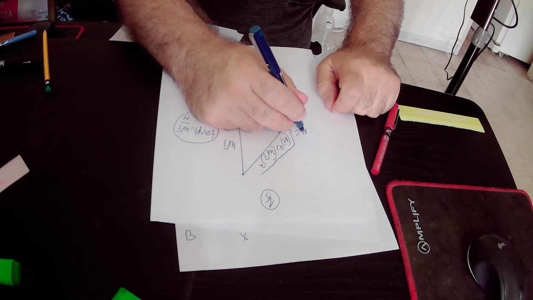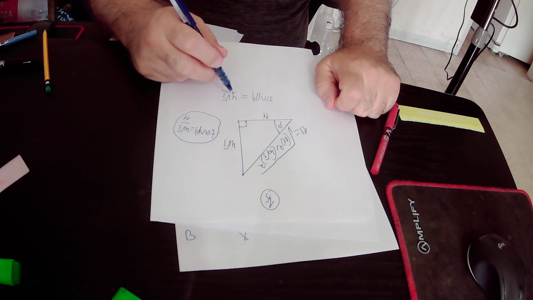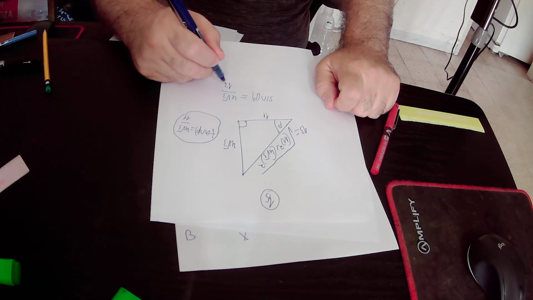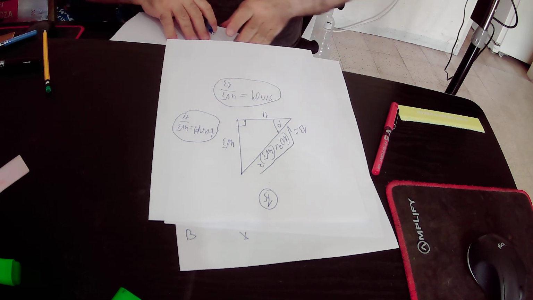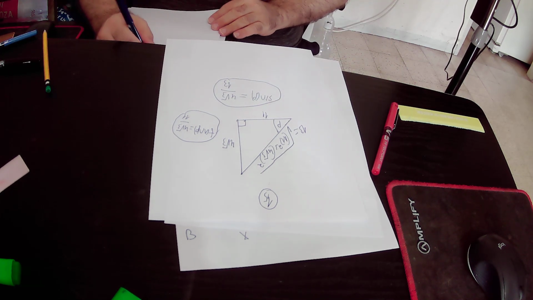So the hypotenuse equals 13 and sine P equals 4 times root 3 over 13. So we found that sine P equals 4 times root 3 over 13.